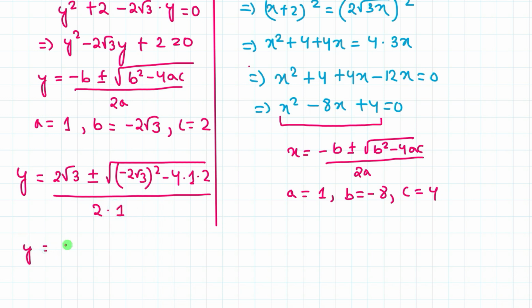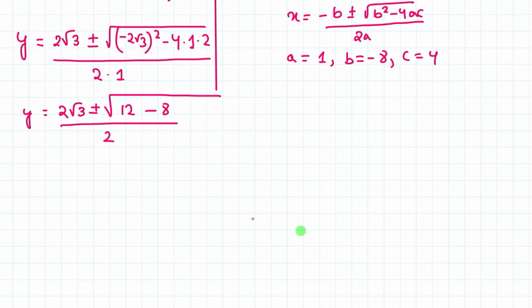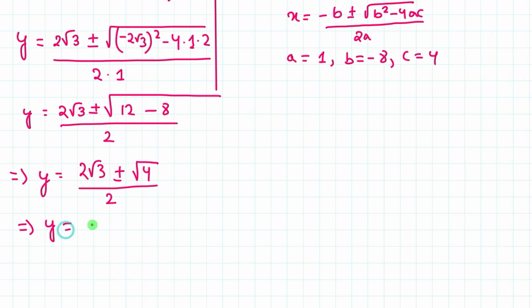So y = (2√3 ± √(12 − 8)) / 2. This implies y = (2√3 ± √4) / 2, so y = (2√3 ± 2) / 2.